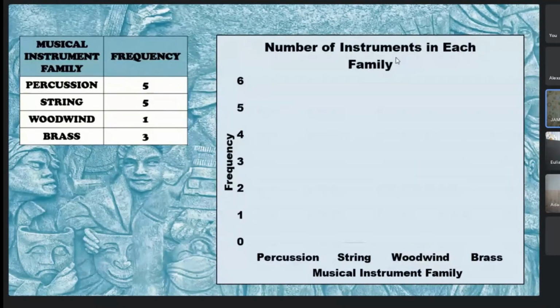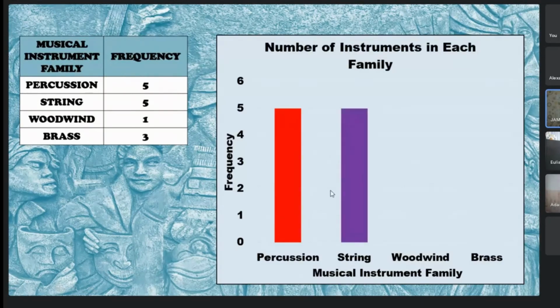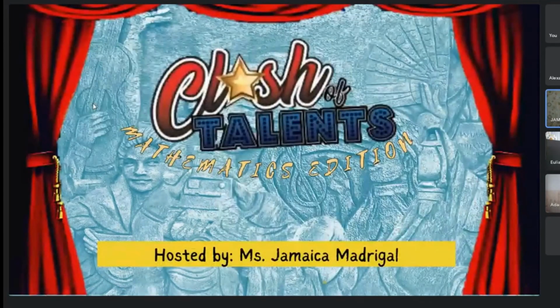We are going to write the graph title at the top, which will be the number of instruments in each family. Then we are going to mark the data on the graph for each data group. So we have the percussion with 5 as its frequency. So we have 5. Then we will draw the graph, as well as the string, the woodwind, and the brass. This will be the bar graph of our data here, the musical instrument family.